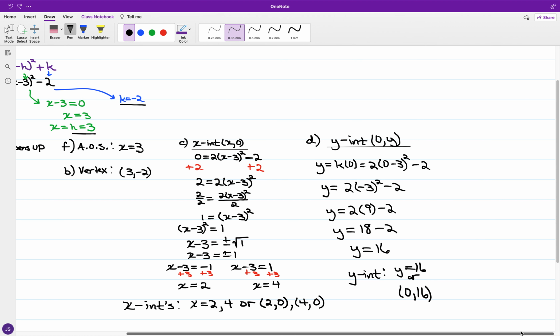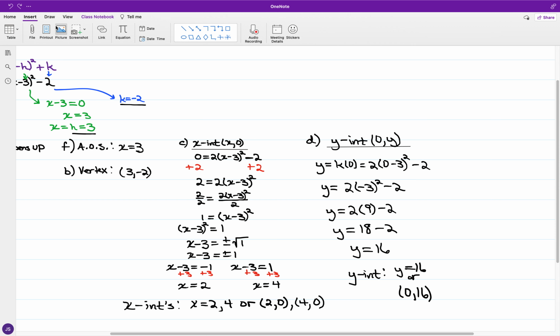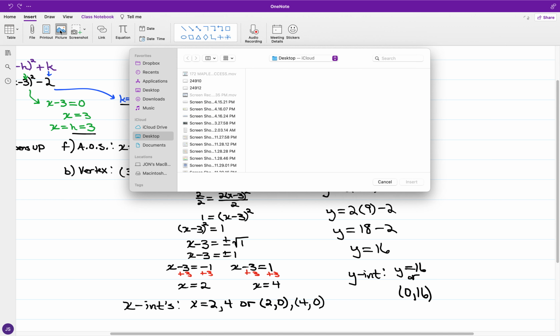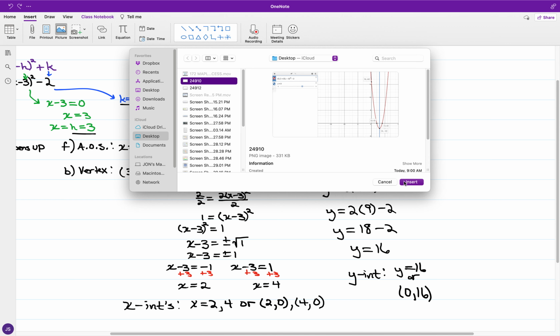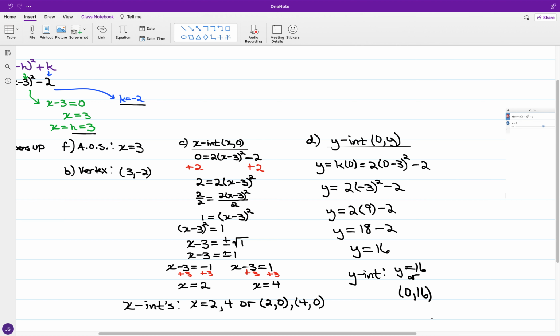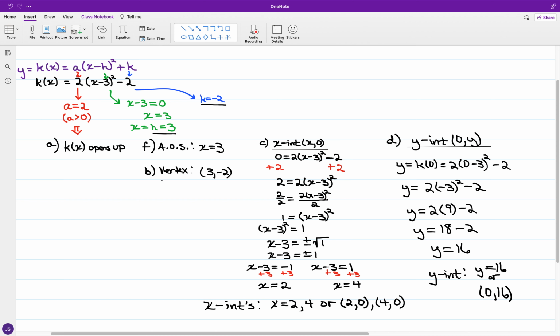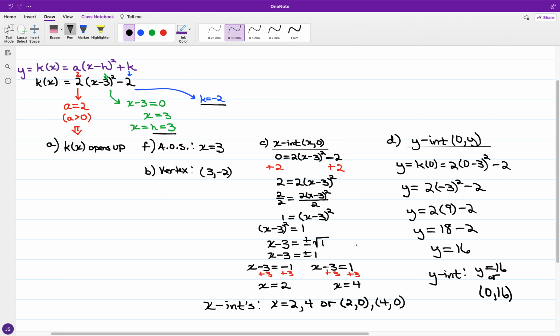And just looking at this from a visual perspective, and again, now just for the intro, the graph is going to open upward, and it is divided into equal sections by the axis of symmetry, which we have at x equal to 3.